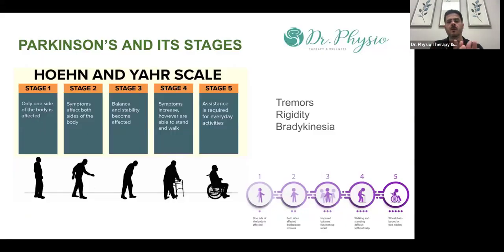There we have 5 stages based on the Hoehn and Yahr scale. The Hoehn and Yahr scale helps us as healthcare providers to establish a game plan for each stage. I'm going to talk about every stage here. The first stage is only one side of the body involved.